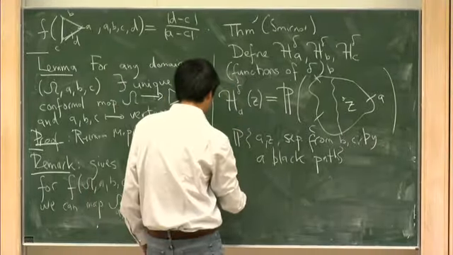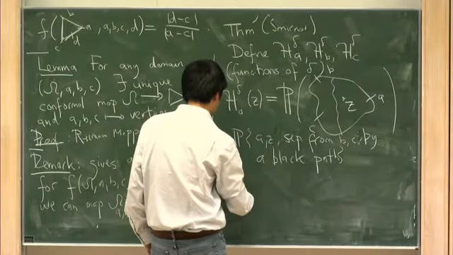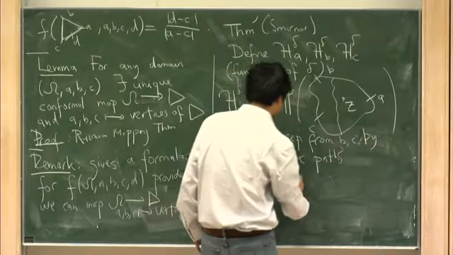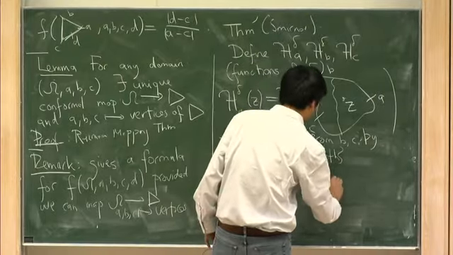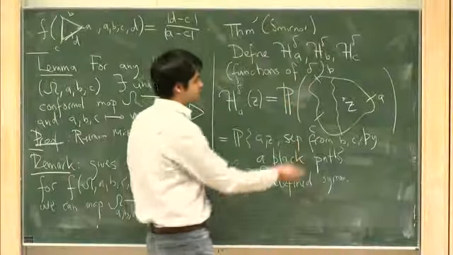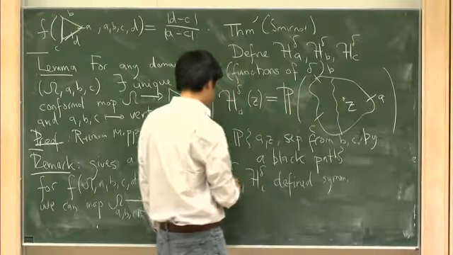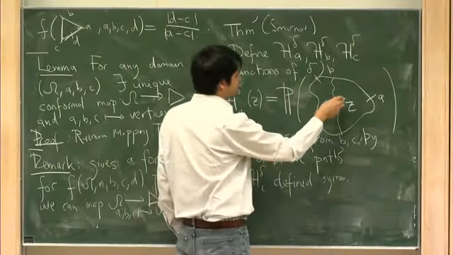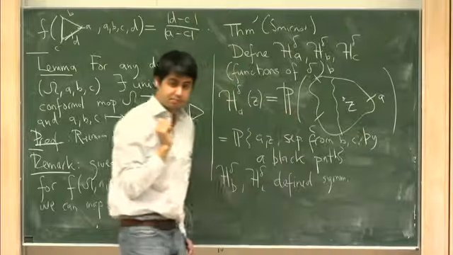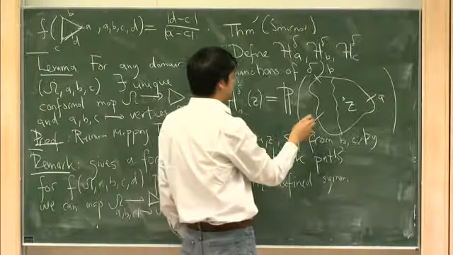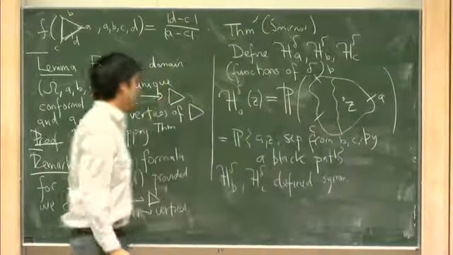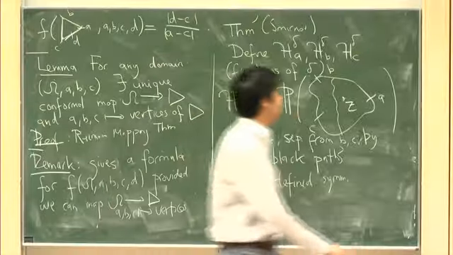And you have similarly two other functions, HB delta, HC delta, defined symmetrically. I defined that last time, so I won't rewrite them. Just to say in words, HB delta of Z is the probability that there's a black path separating B and Z from A and C. HC is the probability of having a black path separating C and Z from A and B.